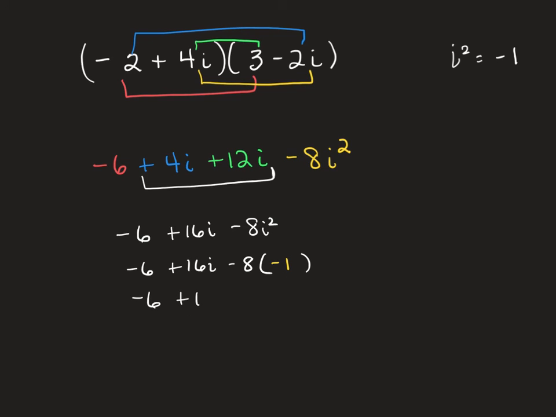Negative 6 plus 16i plus 8. All right, because a negative 8 times a negative 1 is a positive 8. And then combine my like terms again. Notice, doing so, I have two real parts again. So they have to be combined. And remember, real goes first. So 2 plus 16i. And that would be it.